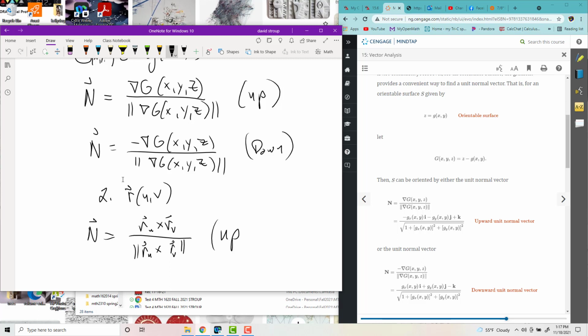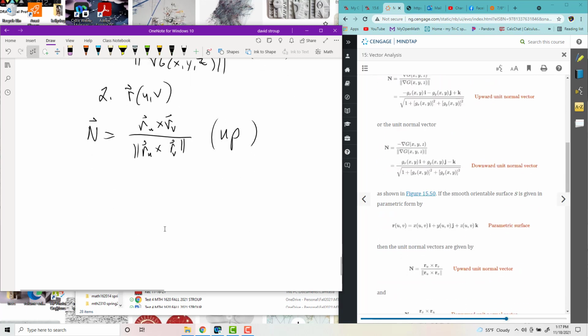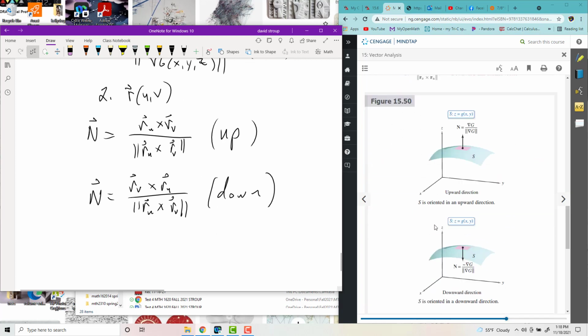This would be up, or the down version is just the reverse cross product, r_v cross r_u. So it's usually not an issue where you have to plot the thing and look at whether it is oriented out or oriented down. Usually up. Okay, usually.